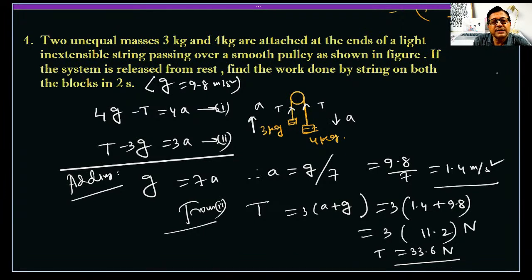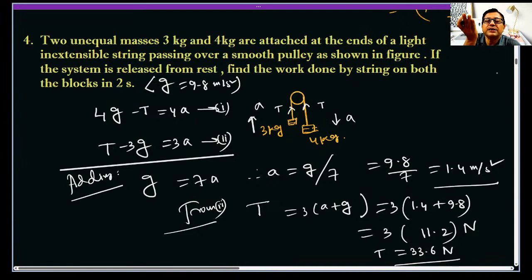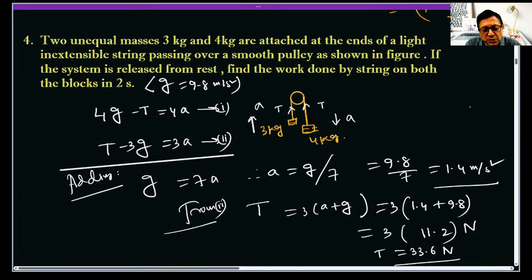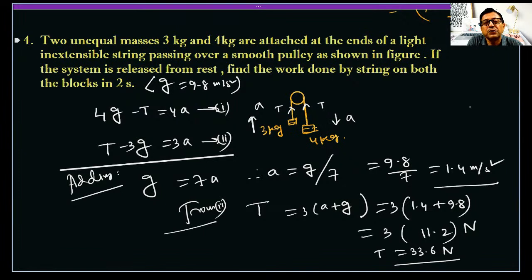Now, in the first case, tension is pulling the 3 kg mass upward, and this work done is positive. This I told you. So, what is the work done by the tension in this case?